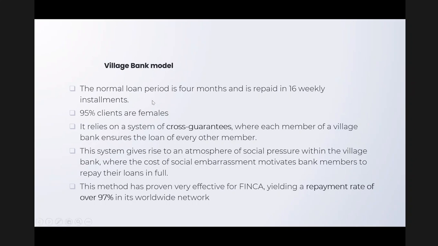95% of clients are female. It relies on a system of cross guarantee, where each member of a village bank ensures the loan of every other female. So every member basically is a guarantor of another person. Basically Finca International, or that organization, is giving a loan to a single member of that 20 to 30 member group, but every member is responsible for that amount of loan.